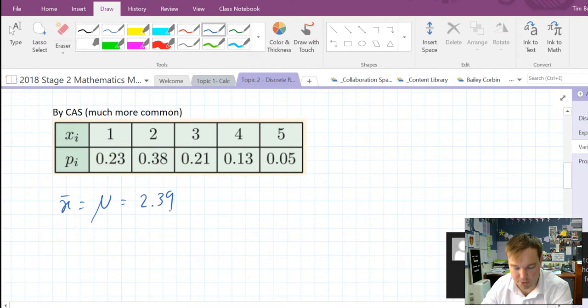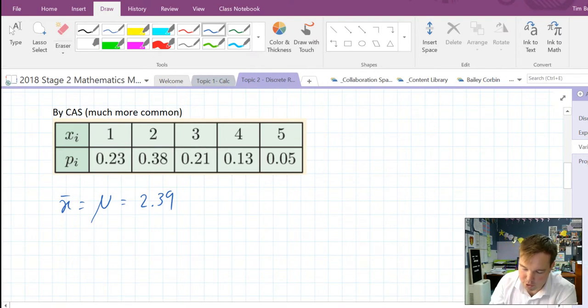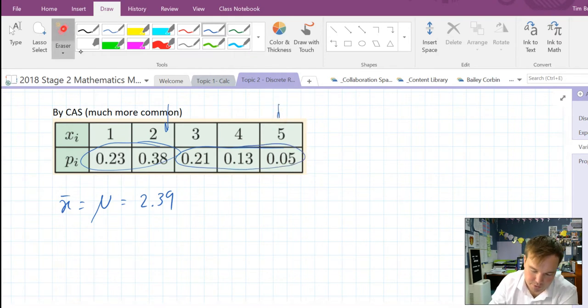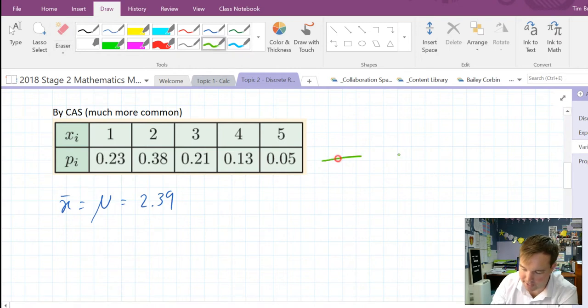Now, if we look at the distribution, let's look at where it's weighted. 2.39 is about here. It's in between 2 and 3. That's fine. If you look at that, that's more than 50% of the probability down here, and that there is less than 50%, but there are some extreme values. So if you're trying to judge where the mean should be in your head, you can think of this like a seesaw, and you can think of each one of these probabilities as the number of bricks on different points on the seesaw.